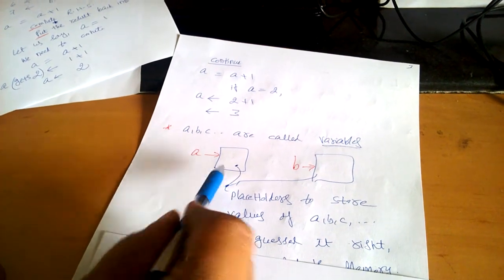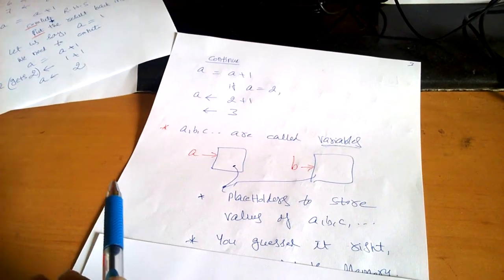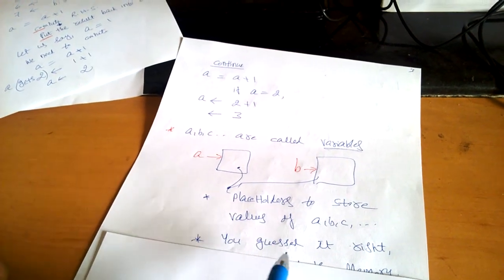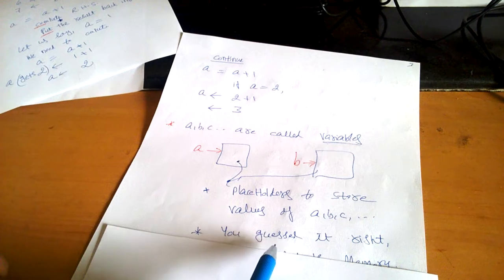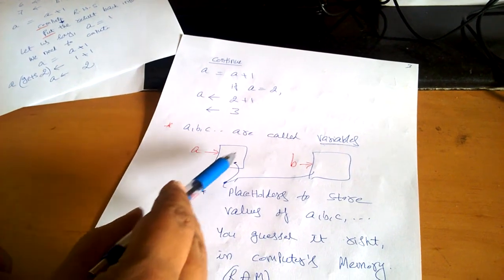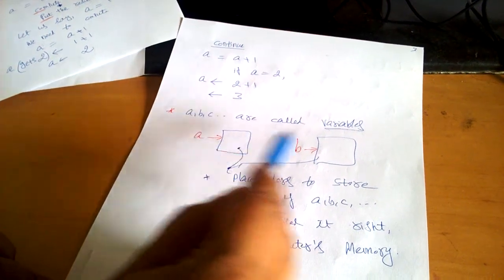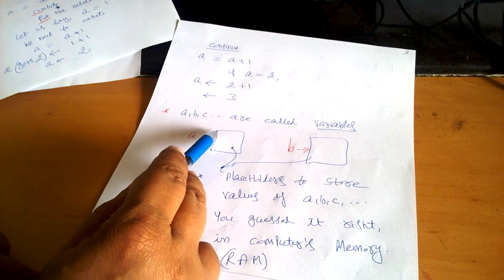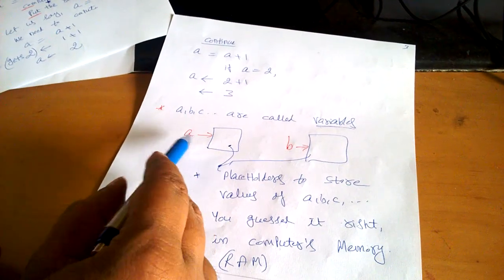Now if you look into how this can be stored, there is only one way to store in a computer. You guessed it, it will be in the memory called RAM, random access memory. So these variables are stored in the memory. So when you say a equals a plus 1, how does it compute?